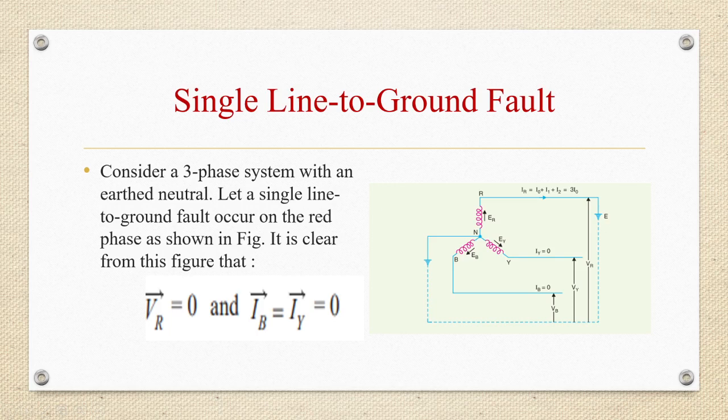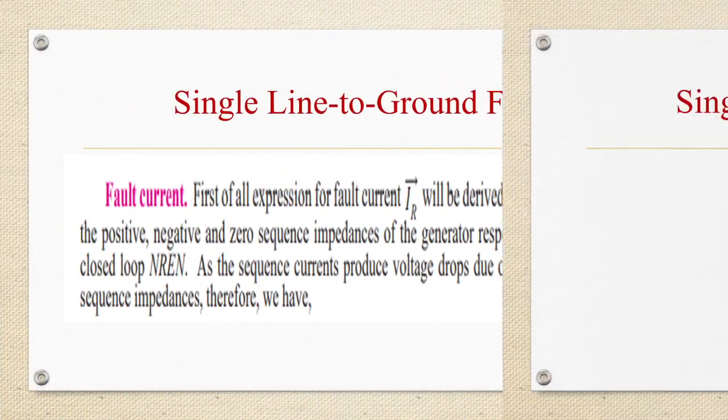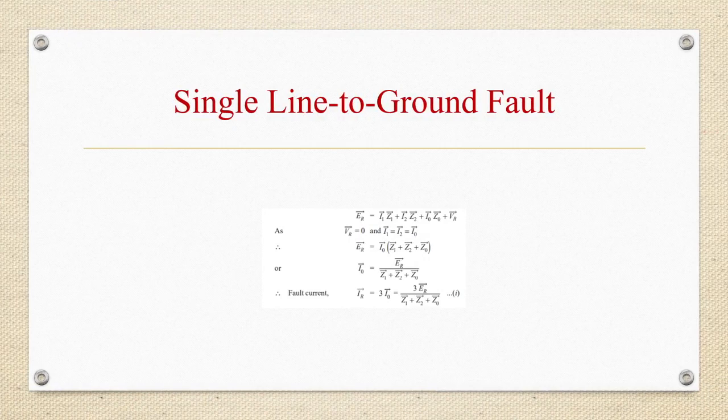As the sequence currents produce voltage drops only across their respective sequence impedances, we can write the value of ER as I1 Z1 plus I2 Z2 plus I0 Z0 plus VR. And VR is equal to 0, and I1 equals I2 equals I0.